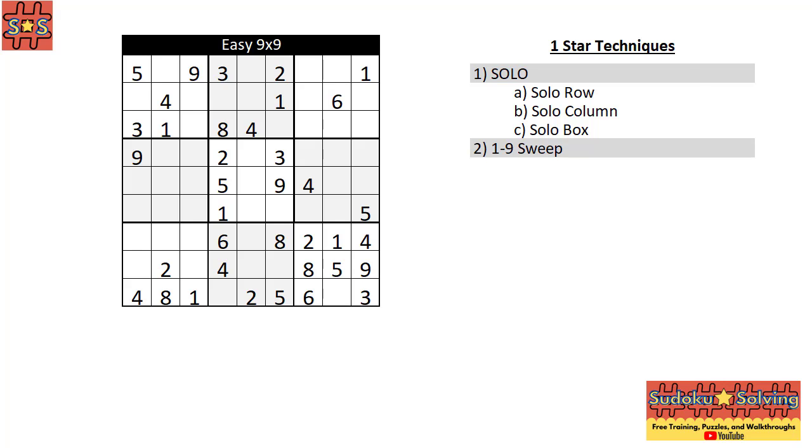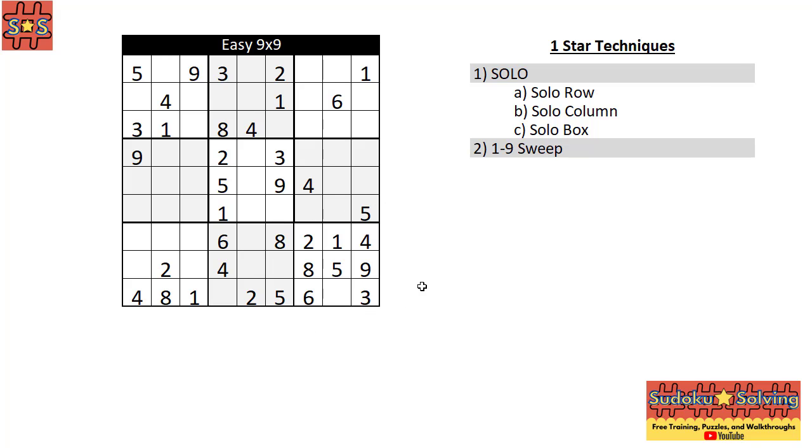Now, in front of us we have that sample data, and if you look closely, we have a box that has only one outstanding square. So, let's give it a try.